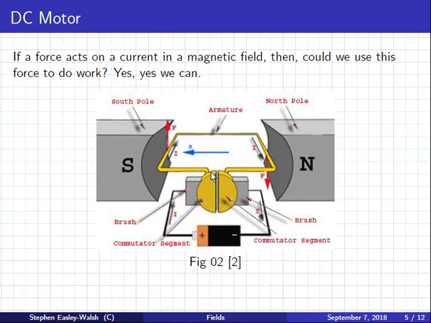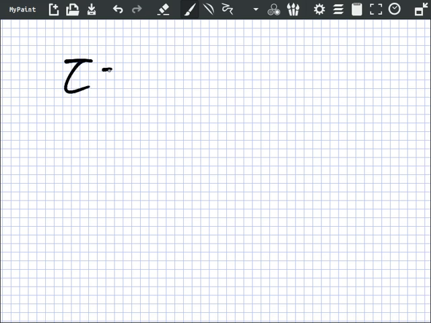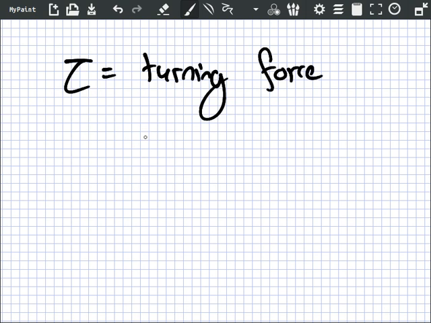Right. Next, let's calculate the torque. What is torque? You did this in mechanics. Torque is turning force.